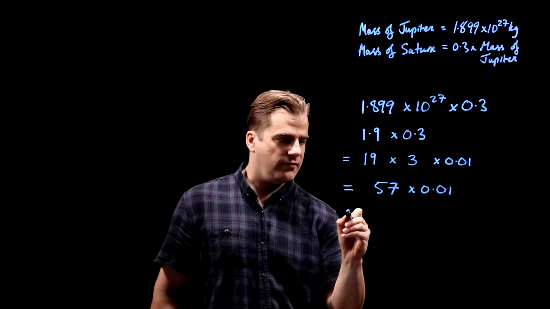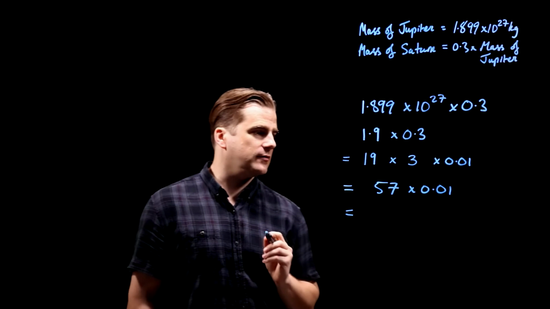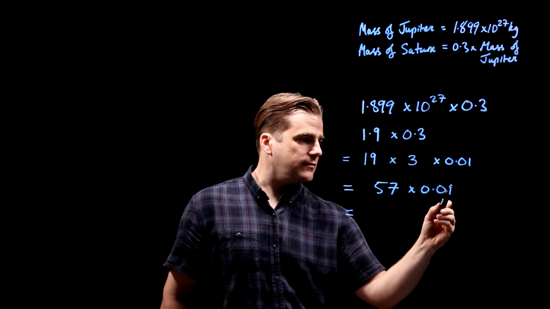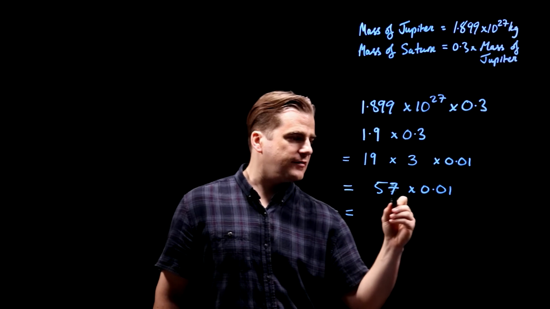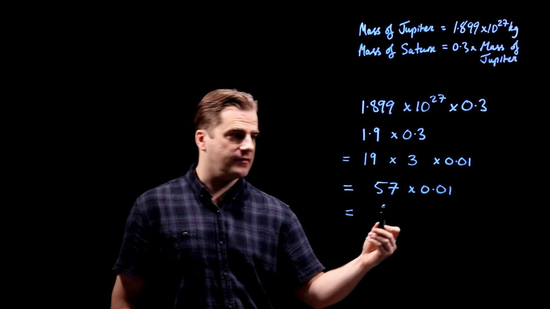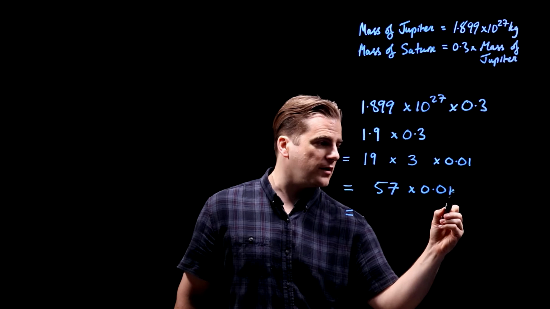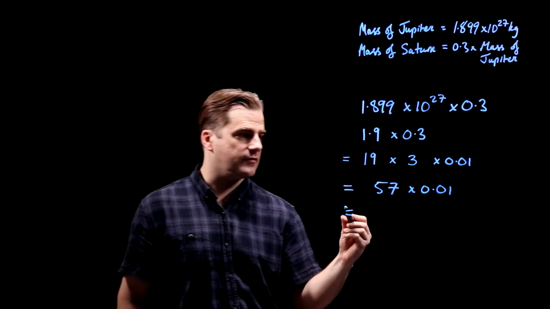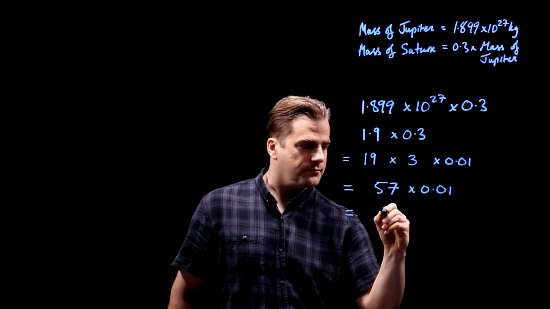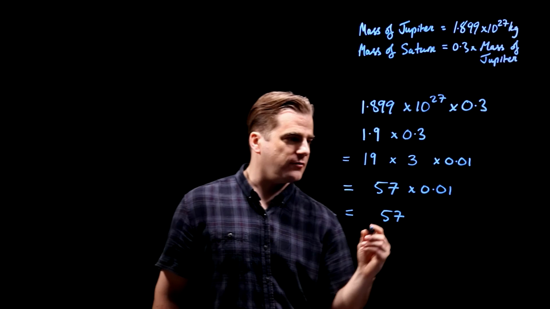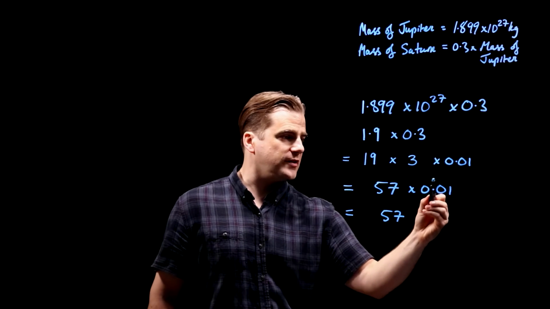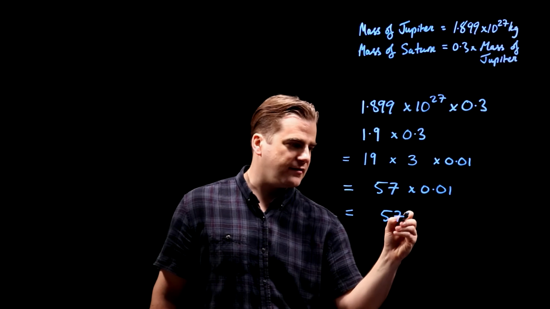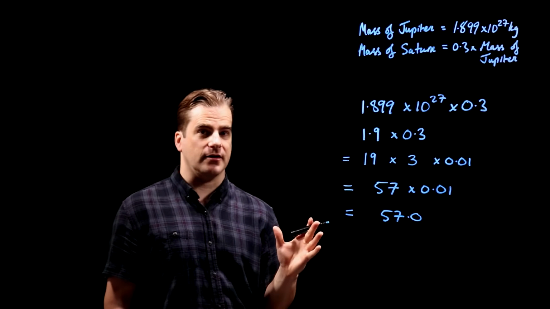Okay, so 57 times 0.01 is the same as 57 times 1, which is 57, but instead of times 1, it's times there. Move the decimal 2 positions back. So it's 57 with the decimal moved 2 positions back. The decimal is currently there because 57 is the same as 57.0.